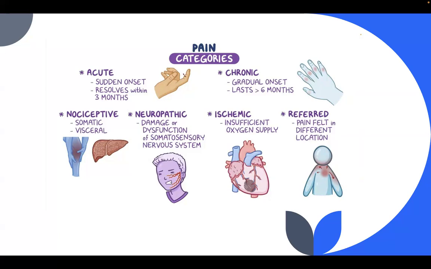There's another category, it's not listed on here, it's nociplastic pain. Sometimes you might hear that, and that describes pain that is caused by changes in how the nervous system processes pain. The changes that cause this type of pain are not linked with a clear injury or tissue damage, inflammation, or disease.